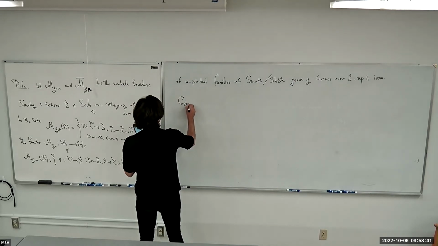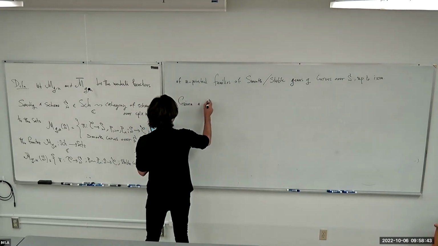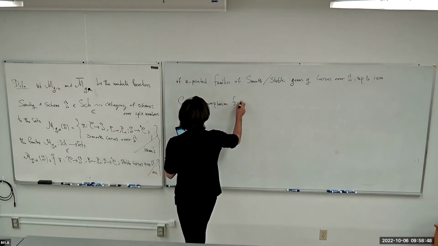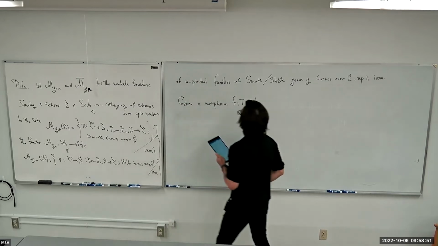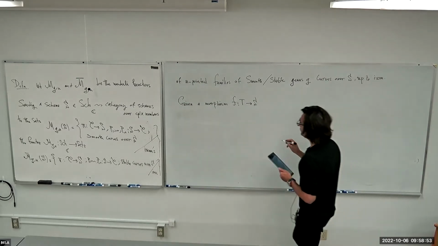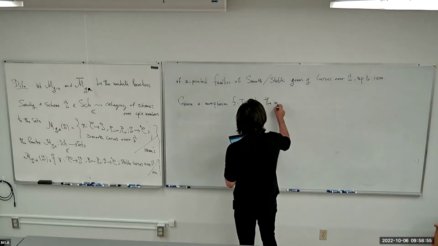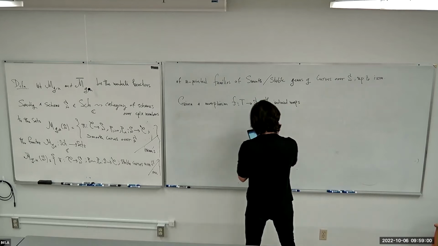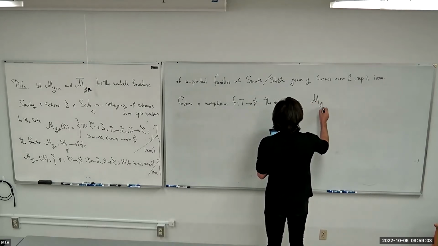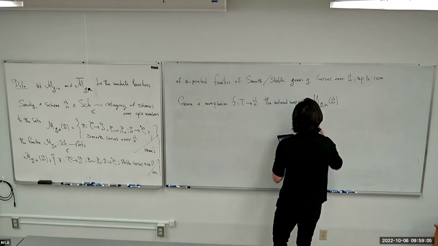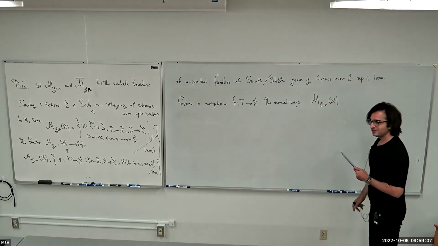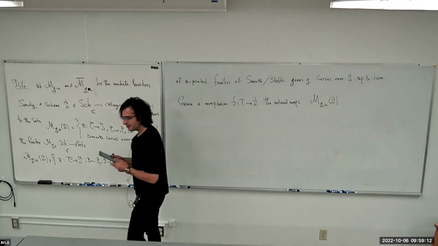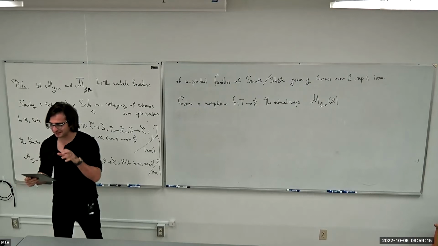Given a morphism f from a parameterized scheme T to S, the induced maps: if I look at the fiber of this functor over S, you see the moduli functors are nice because I can think of them as spaces, kind of.